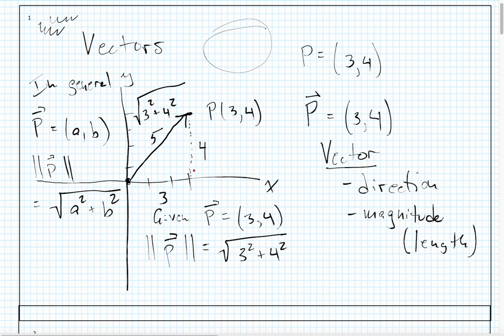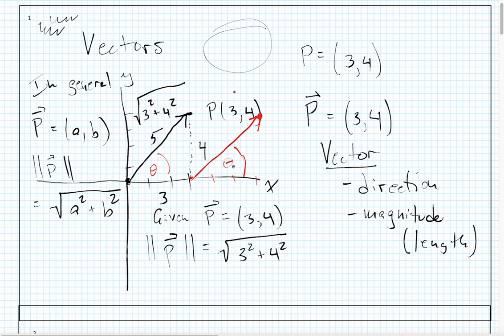If I were to come over here and say go 1, 2, 3, and then come up here 4. As far as we're concerned, that's exactly the same vector. It's got the same direction, okay? We can see that the angle here that it makes with the x-axis is exactly the same.